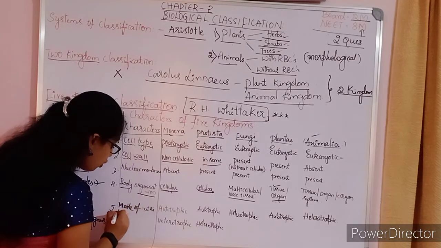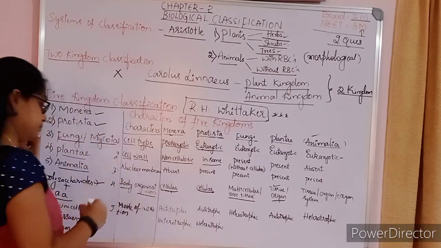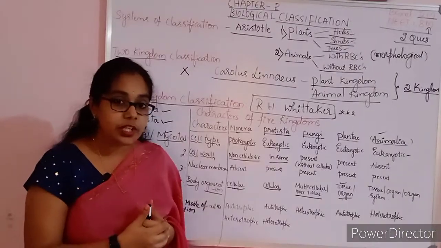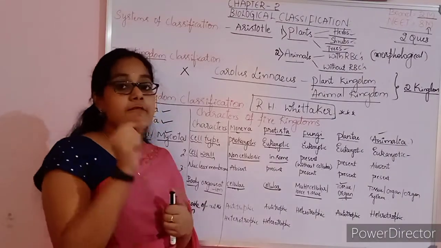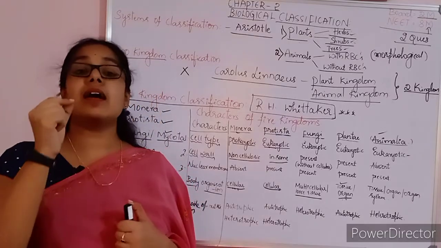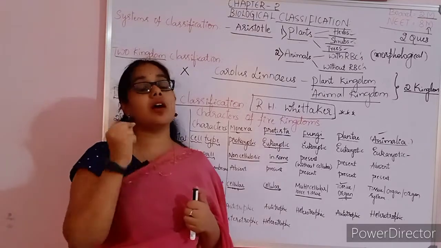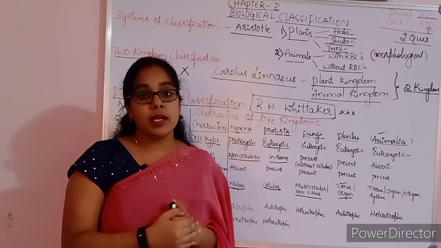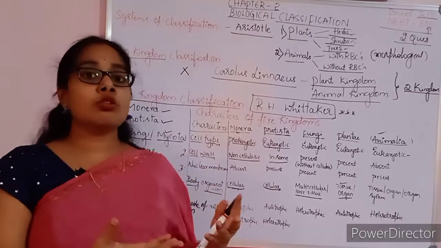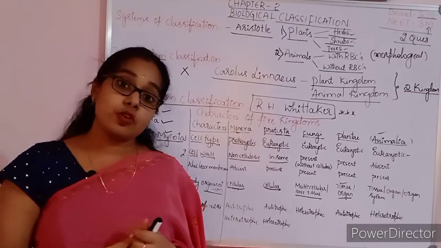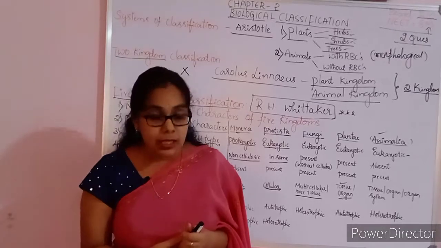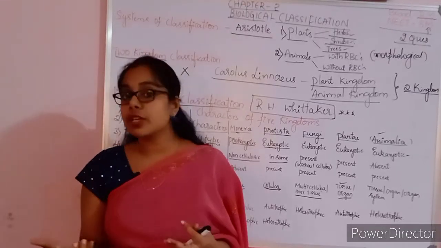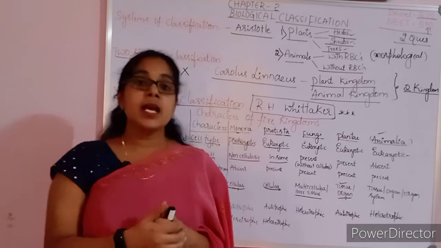And the last character is mode of nutrition. In the mode of nutrition, you are going to study whether the organisms are autotrophic or heterotrophic. Do you remember what these autotrophs and heterotrophs are?